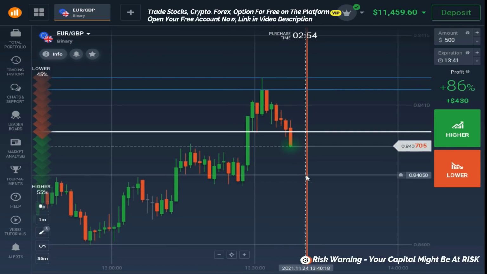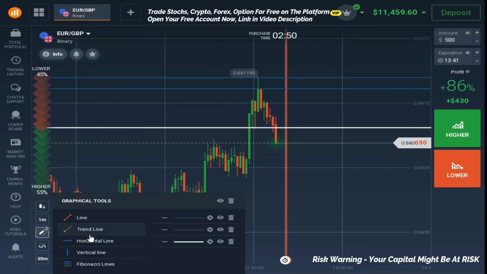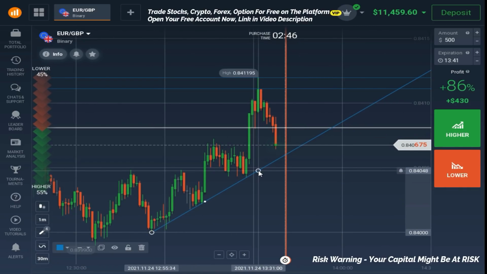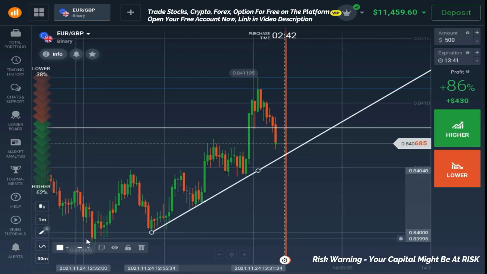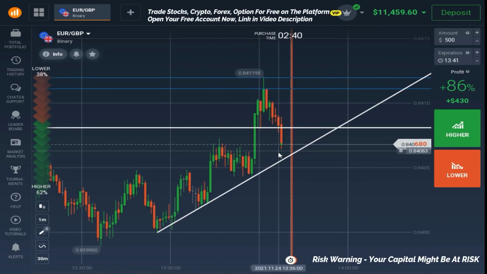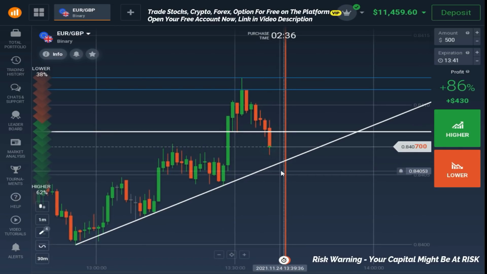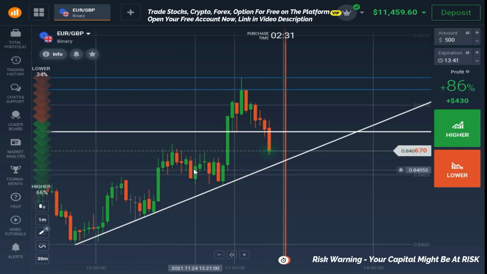So in such a case, what you do when you are in a trendy market, you try to draw some trend lines to find out if we have any support level. Like in this case, this is a support trend line, and we can say that it's a support level for us.